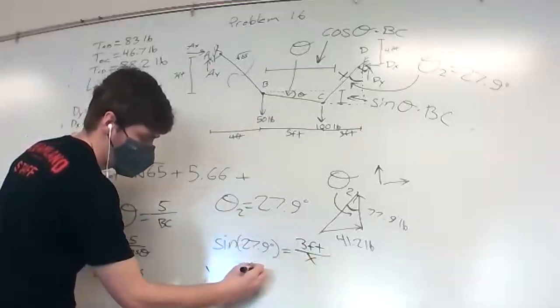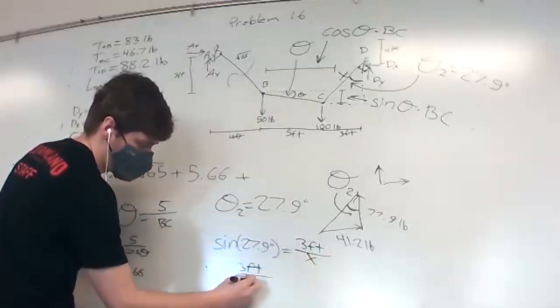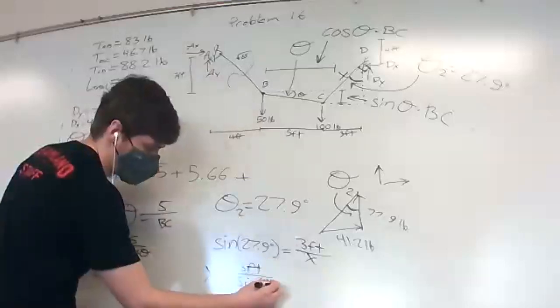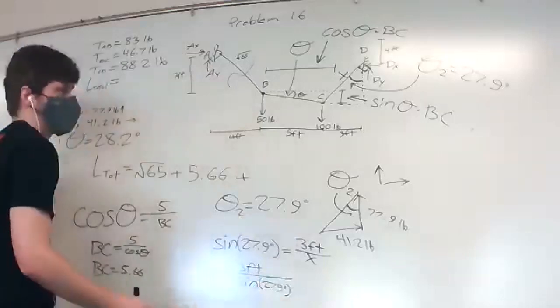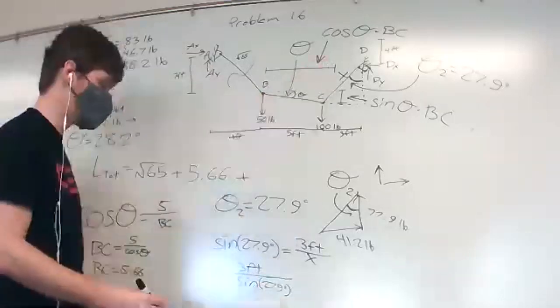So x equals 3 divided by sine of 27.9 degrees, x being the length of CD.